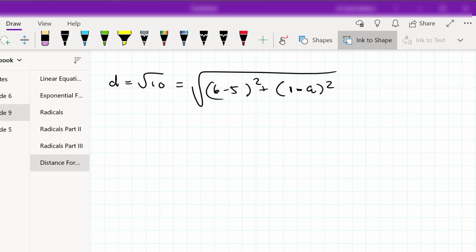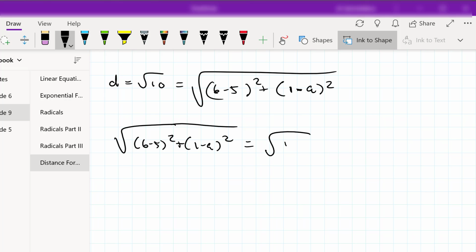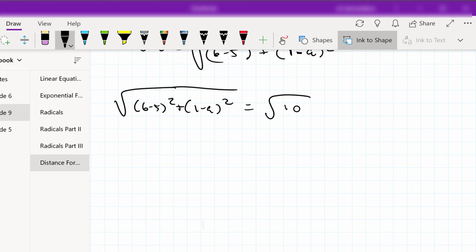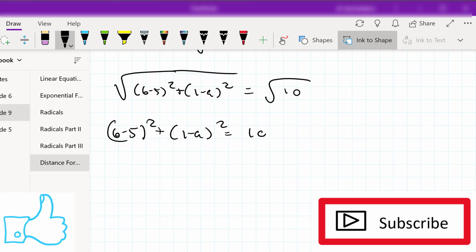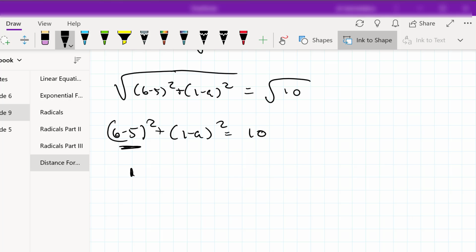Therefore, this becomes an algebra problem. And we have the square root of 6 minus 5 squared plus 1 minus a squared is equal to the square root of 10. We begin the first step by squaring both sides, and therefore we have 6 minus 5 squared plus 1 minus a squared equals 10. 6 minus 5 squared is just 1, plus 1 minus a squared is 10.